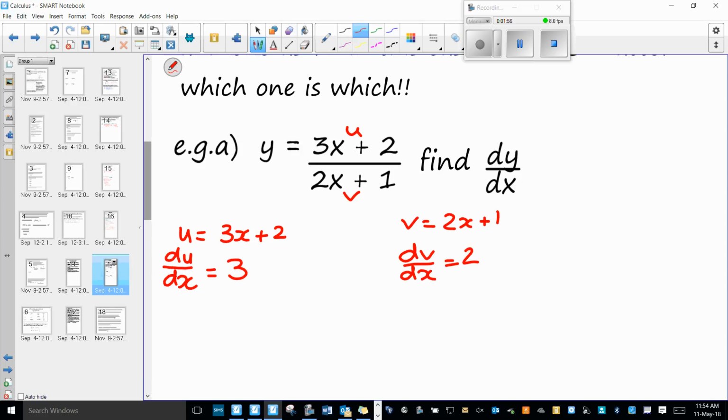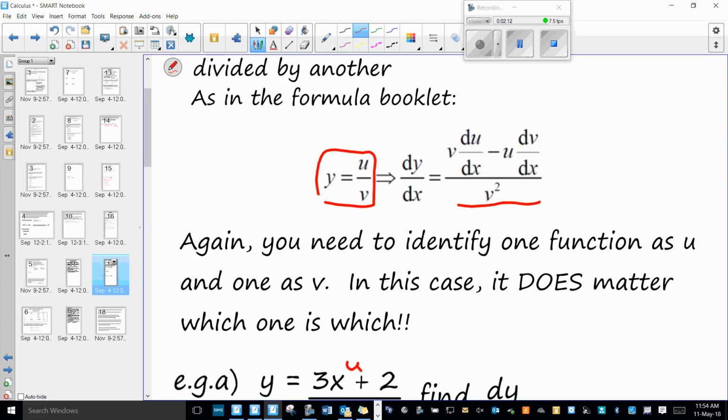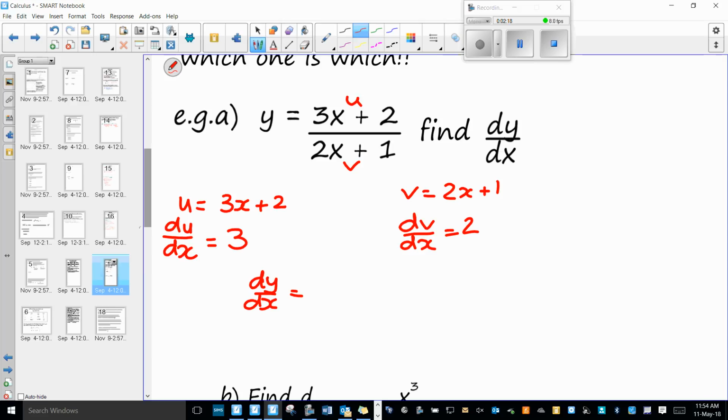Okay, now we need to follow that complicated formula. Well, when I say it's complicated, you just need to stick things in the correct place. So they start with v, and they multiply that by du dx. So we're starting with v, and we're multiplying that by du dx.